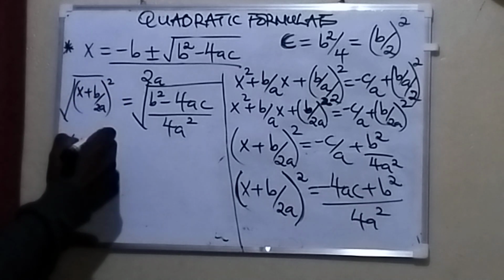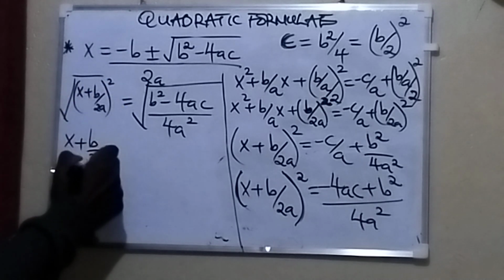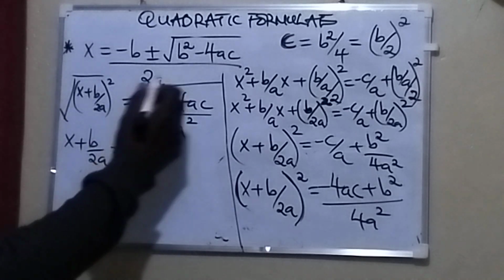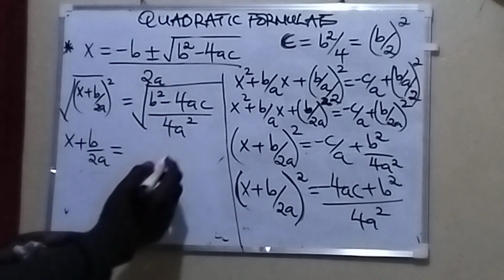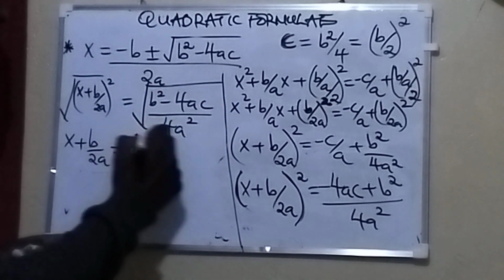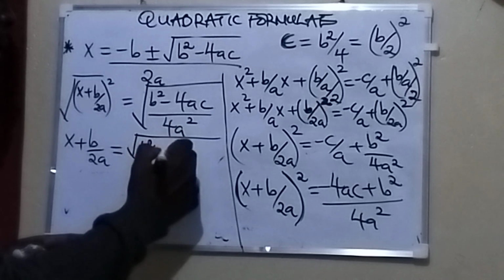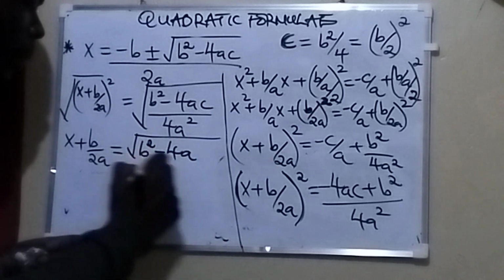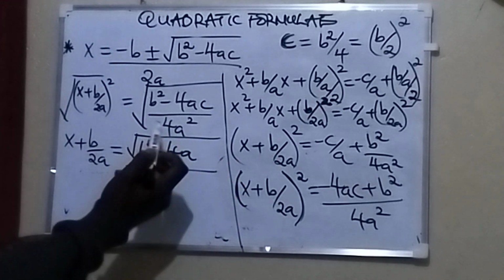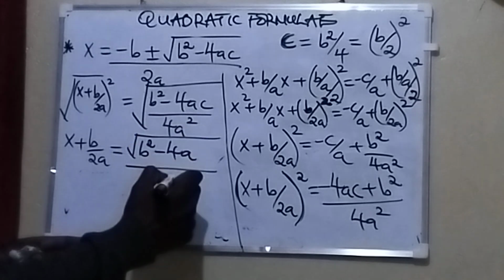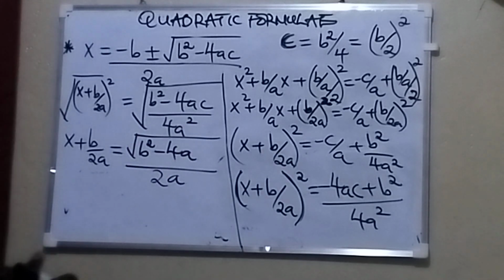So x plus b over 2a is equal to, on this side, the numerator remains the square root of b squared minus 4ac, and the denominator, the square root of 4 is 2, and the square root of a squared is a.